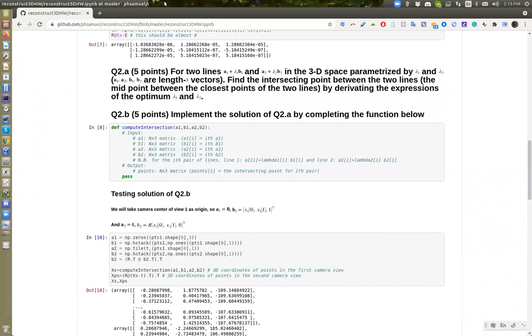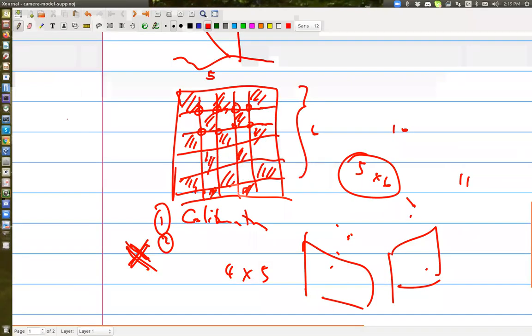Especially since you have my slides. Actually, you can even work on part 2 already, because it's unrelated to the earlier part. Let's say I have two views, one view here and one view here, and I see a corresponding point in space.